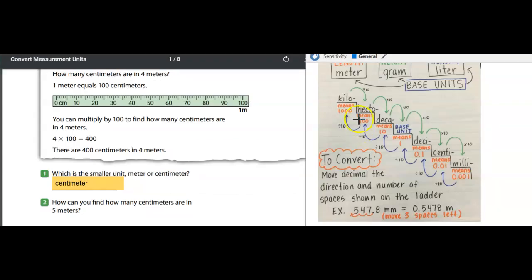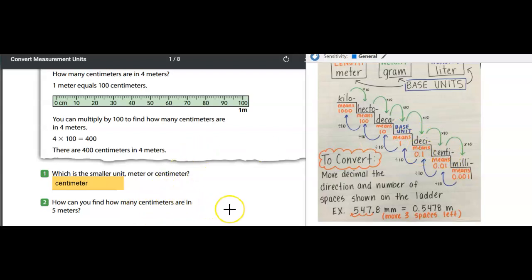So our staircase goes from the largest unit of measurement, kilo, to the smallest unit of measurement, milli. So if we use our staircase to compare which one is smaller or larger, our base unit is meter and it's in the center, and centi is below it. So it is a smaller unit of measurement. So centimeter will be your answer for question 1.